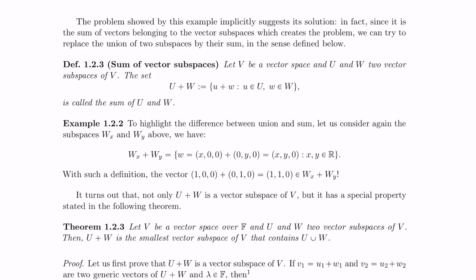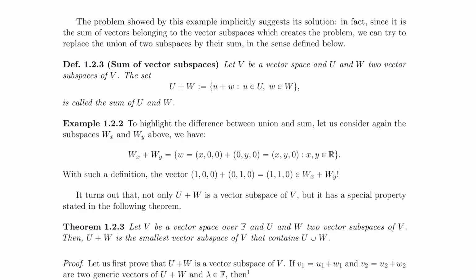Notice that with such a definition, the vector given by the sum of 1, 0, 0 and 0, 1, 0, that is the vector 1, 1, 0, belongs to the sum of Wx and Wy, because as you can see, it corresponds to a vector x, y, 0 with x and y equal to 1.